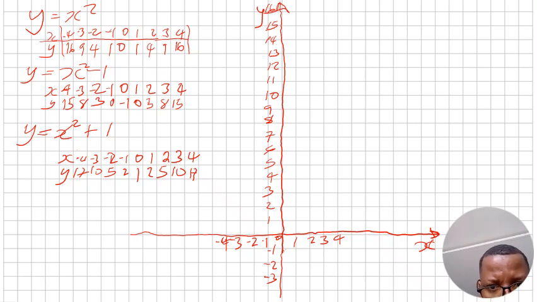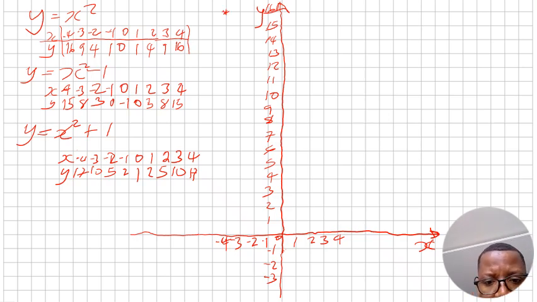When x is equal to -4, y is equal to plus 16, so -4 here, plus 16 somewhere there.